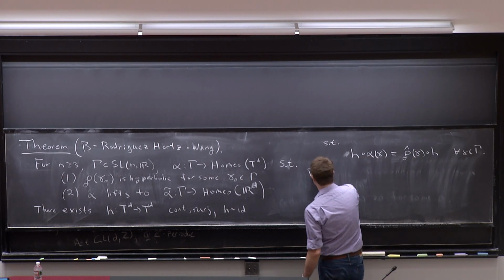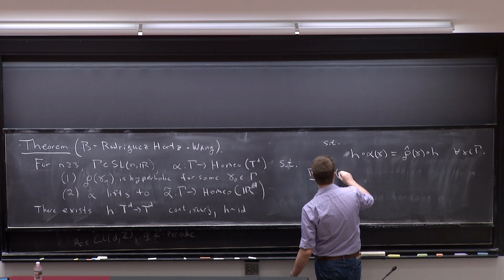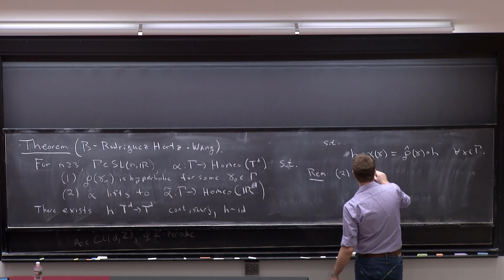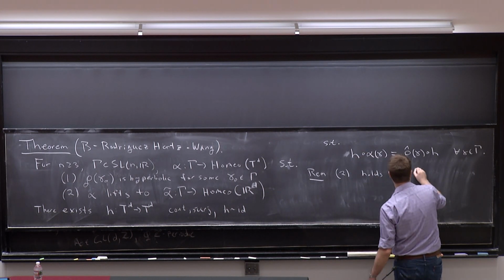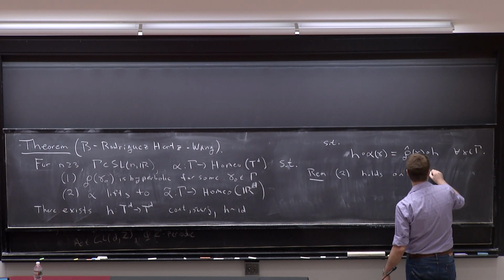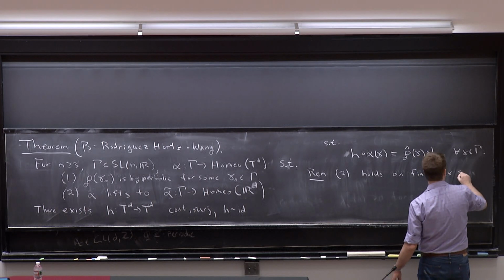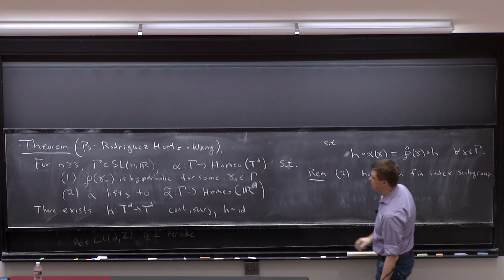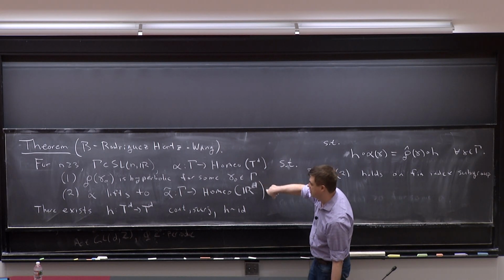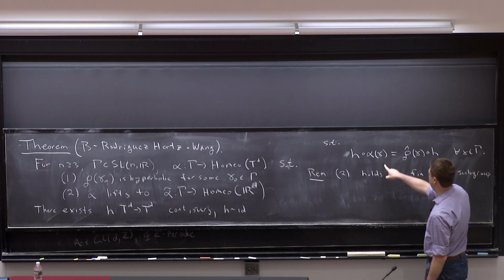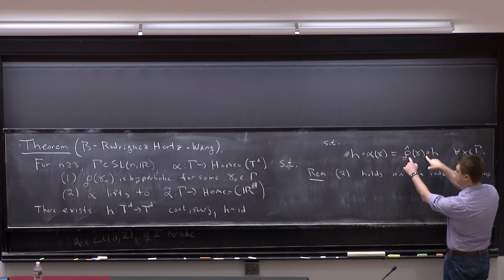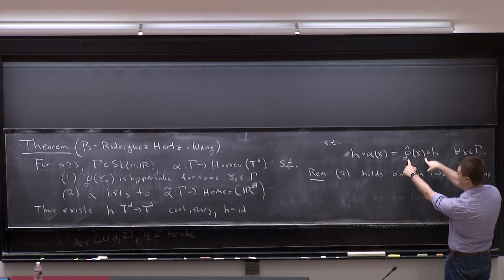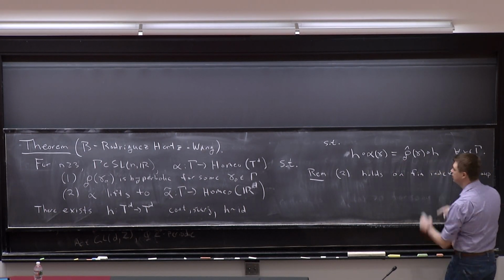And the remark, which I said out loud, is that 2 holds on a finite index subgroup, which means, well, if you can lift on a finite index subgroup, you get this on a finite index subgroup, which then means that maybe you're not conjugate to the actual group, to the actual thing of automorphisms, but just something affine.